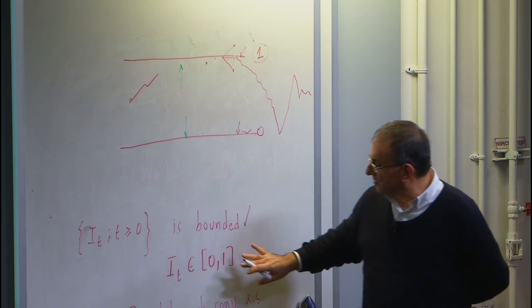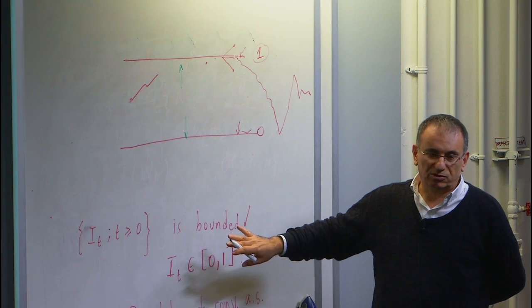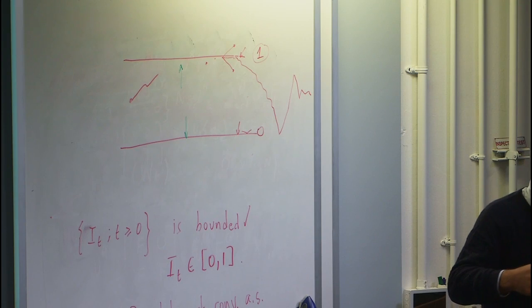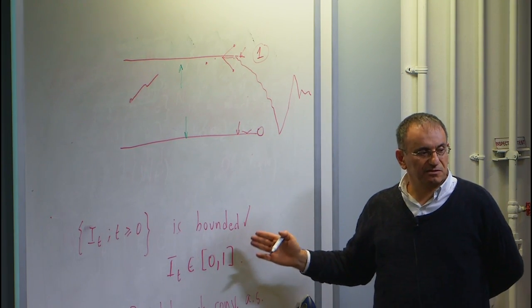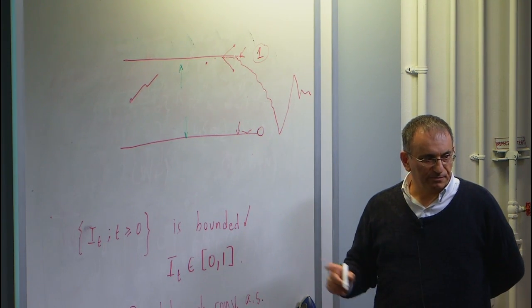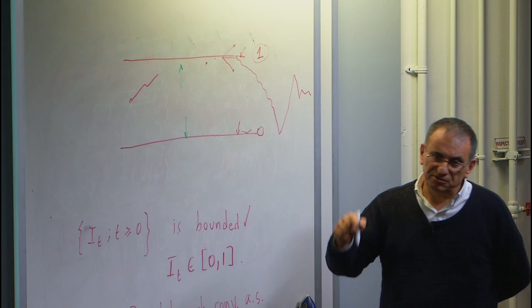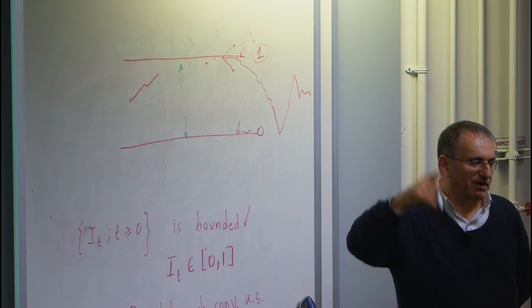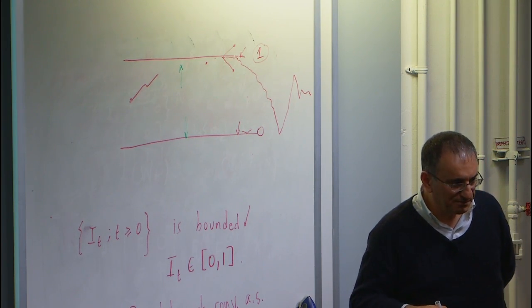What we are really talking about here is strong convergence. There is weak convergence and then strong convergence. The convergence here is strong convergence, almost sure convergence, which does not allow you to go up and down indefinitely.